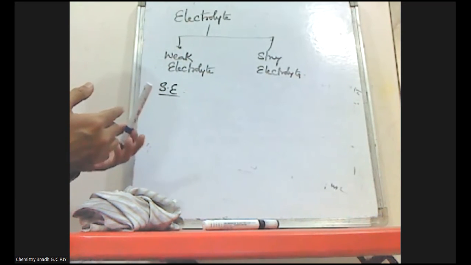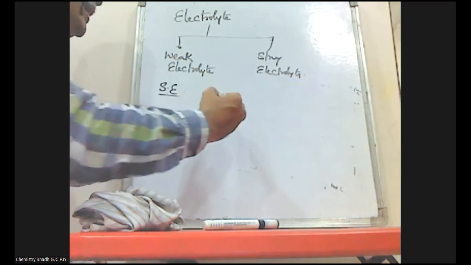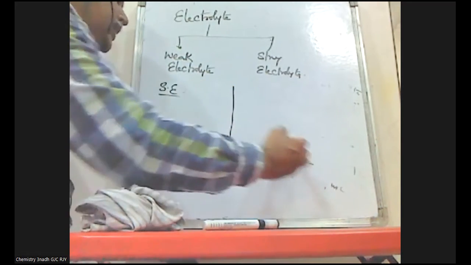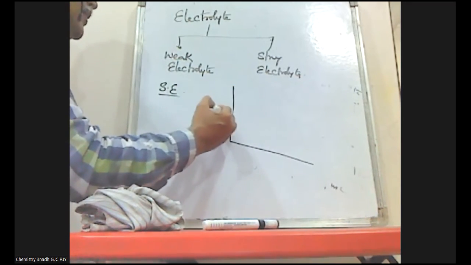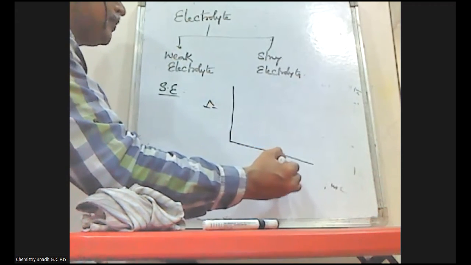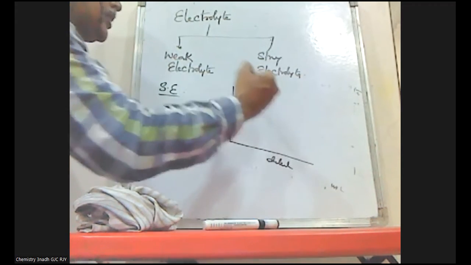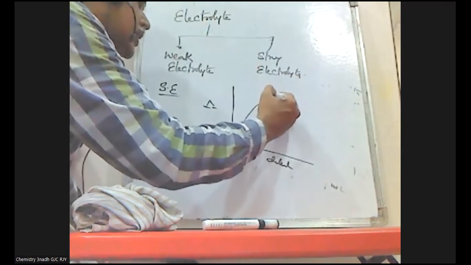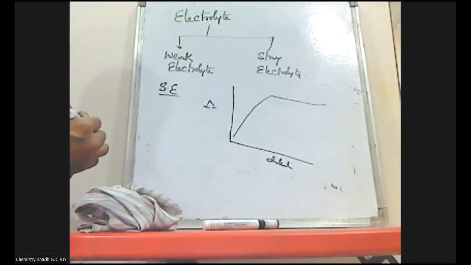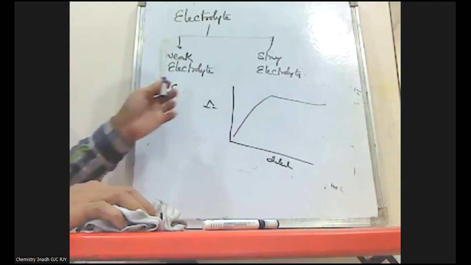We know that molar conductance increases with the increase in dilution. For a substance, molar conductance increases with increase in dilution. After a certain dilution, its value becomes constant.